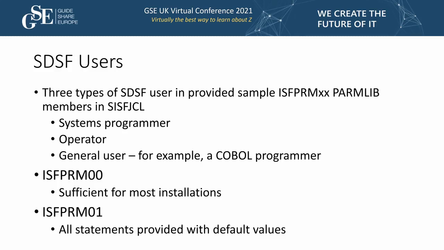So we've got a systems programmer, we've got an operator, and we've got a general user, for example, some sort of COBOL programmer. So we have ISFPRM00, which is sufficient for most installations to get going. And we have ISFPRM01, which is all statements provided with their default values. So it's like a full deck of all possible PARMLIB statements.